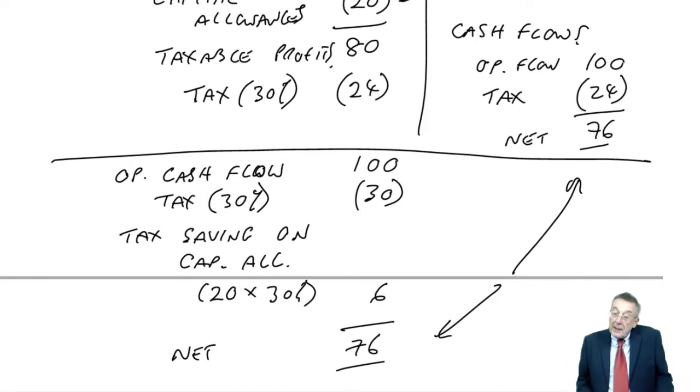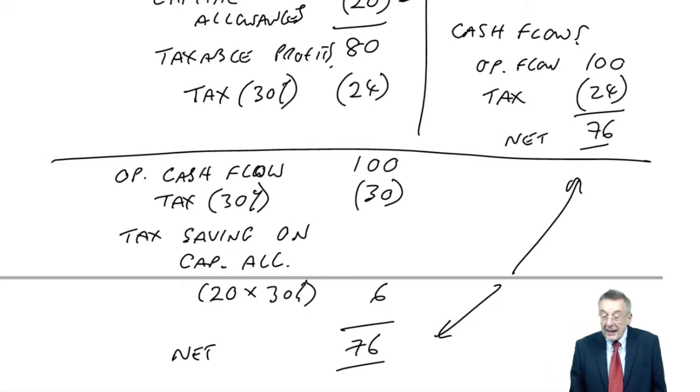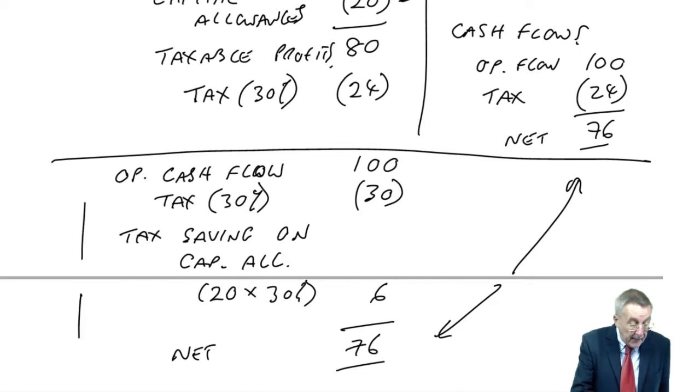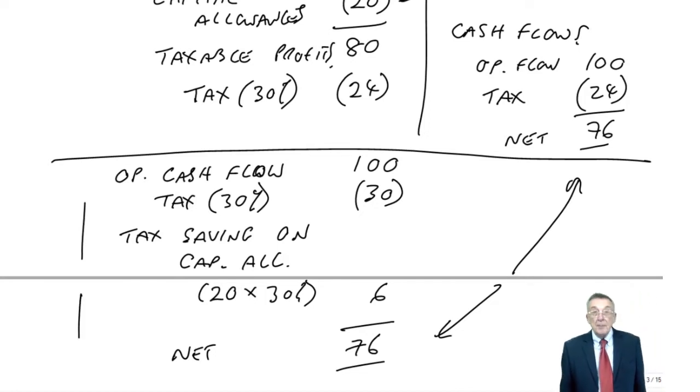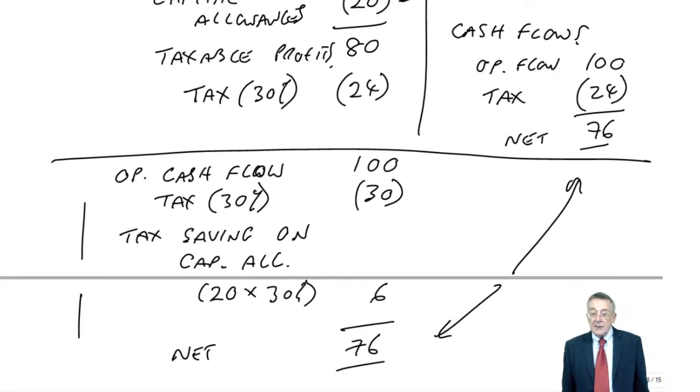And I said earlier, it doesn't matter which way you do it in the exam, but by far the most efficient, the safest, the quickest, the easiest is to do it that way, as I'm about to do in a somewhat bigger example. So we'll take the cash operating flow, we'll work out the tax on it, and then separately we'll bring in the tax saving on the allowances.